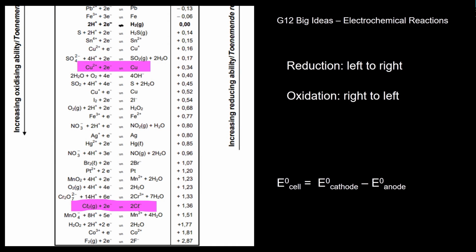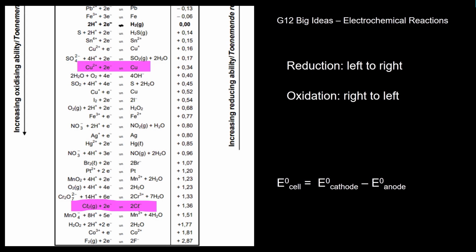There is a special way that they are all put together. They are put together in degrees of strength. So the one right at the top is going to be the substance that is the strongest reducing agent, and the one at the bottom is going to be the weakest reducing agent.